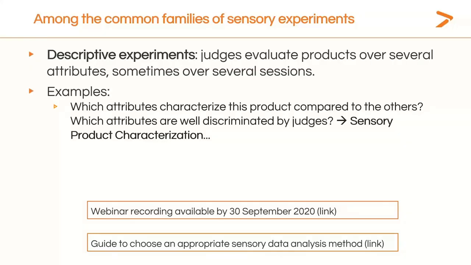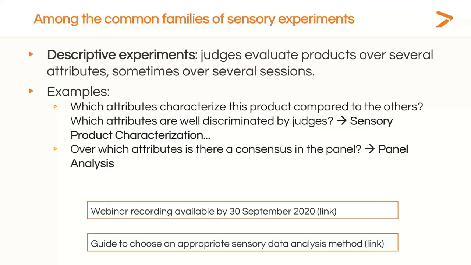Here are some questions we can answer. Which attributes characterize this product compared to the others? Which attributes are well discriminated by judges? In this case, you can use sensory product characterization to answer this kind of questions. Otherwise, there are other questions which can be answered, such as how to measure the quality of a panel. So we've seen last time the sensory product characterization as well.